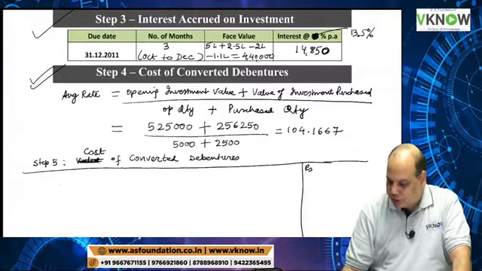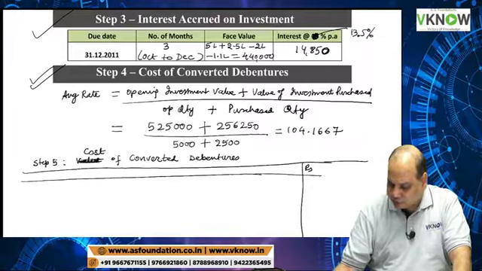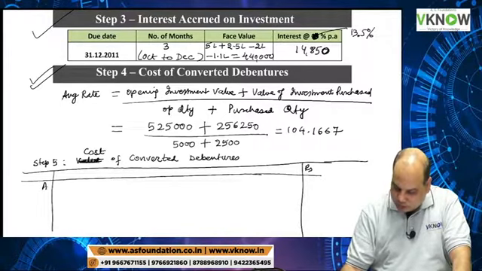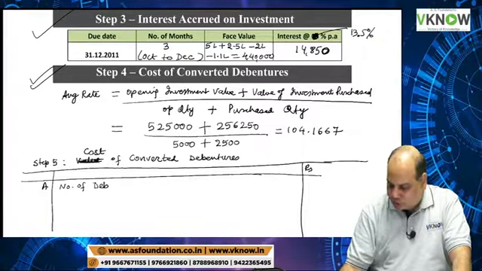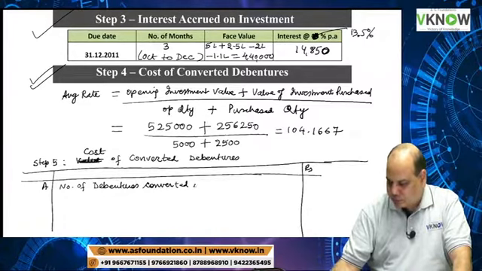Cost of converted debenture, right hand side rupees. A, number of debentures converted into shares.